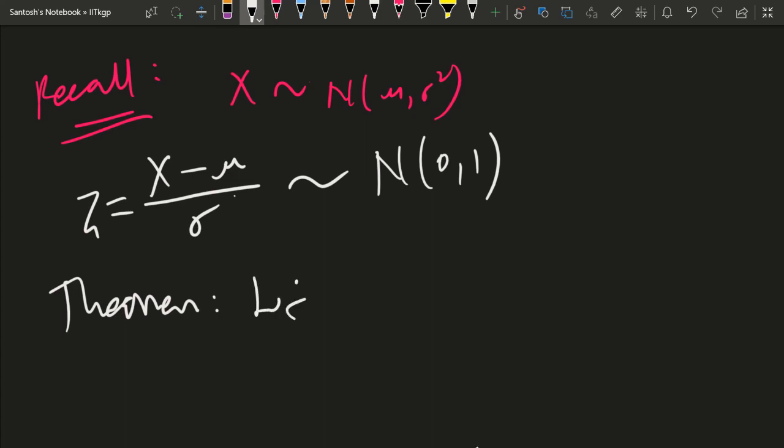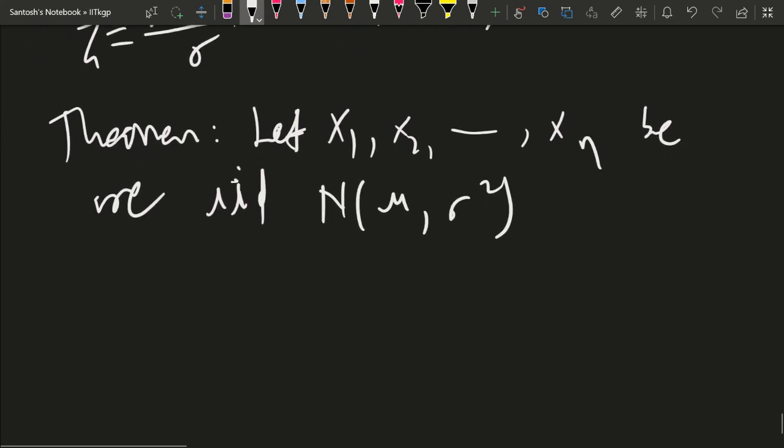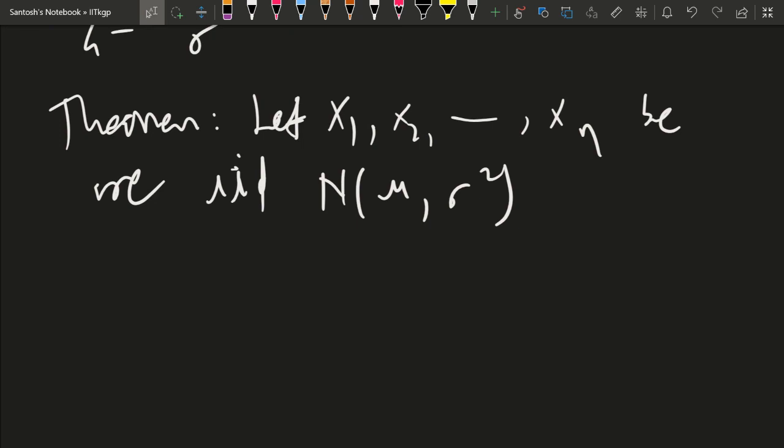The statement is: let x1, x2, up to xn be IID normal mu sigma square. So these are IID normal mu sigma square, or you can say these are a random sample from this population. So now they are IID normal mu sigma square.